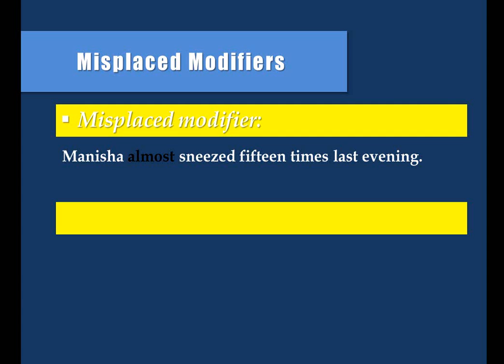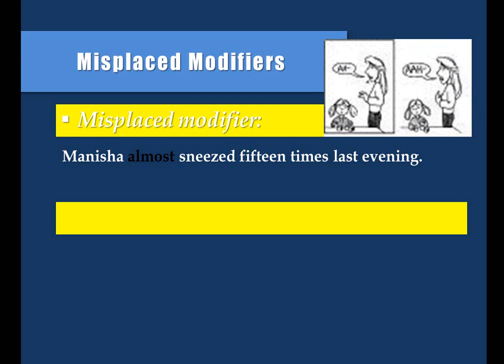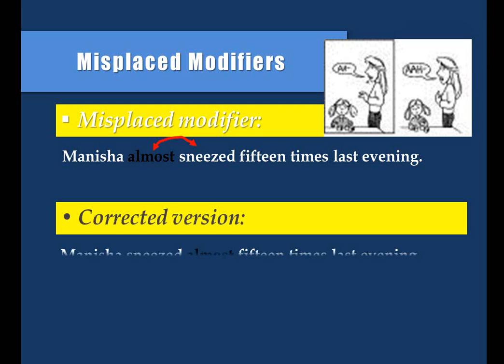So this word almost is wrongly positioned. It should not modify sneeze. It should modify the number of times sneezing has been done, which is close to 15 times. So in that case, you would say Manisha sneezed almost 15 times last evening. Now this sounds correct.